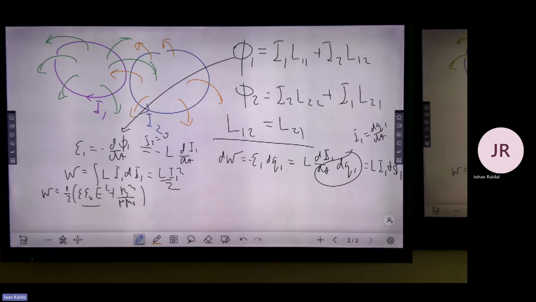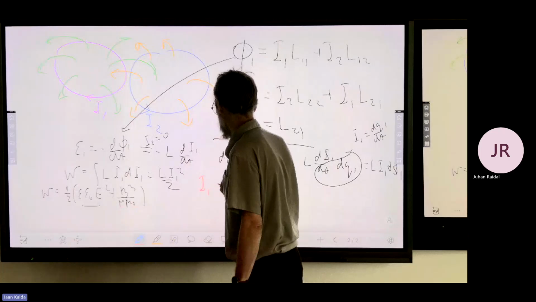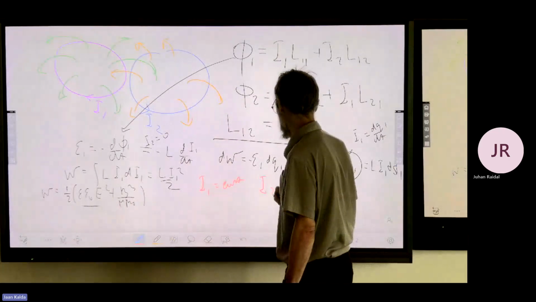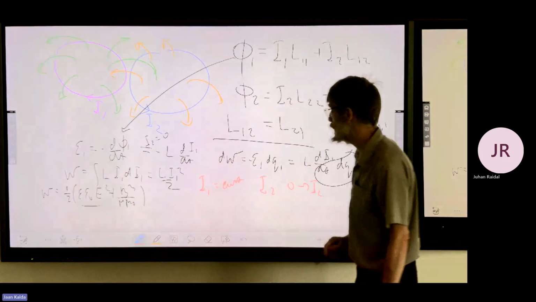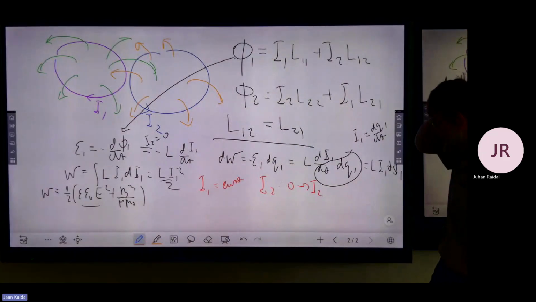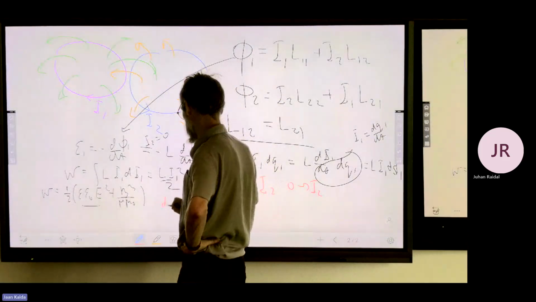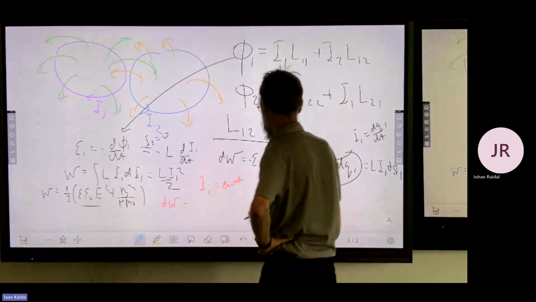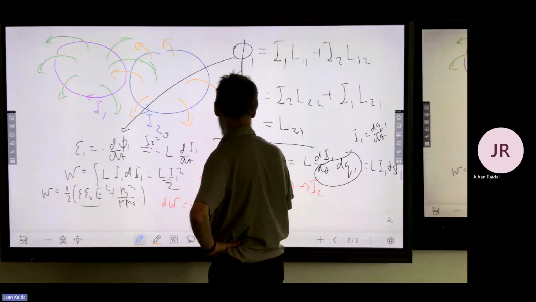Now the next step. Now we have I1 constant, we keep it constant, but I2 we grow from 0 to I2, similarly to how we first increased I1 from 0. And then we have another expression for the work W. We start the same way, with minus E1 dQ1.